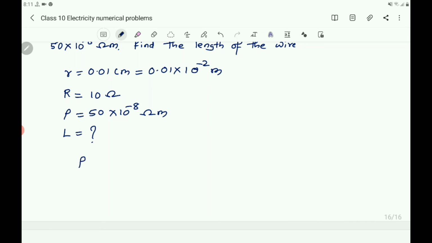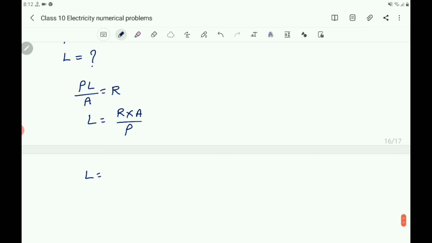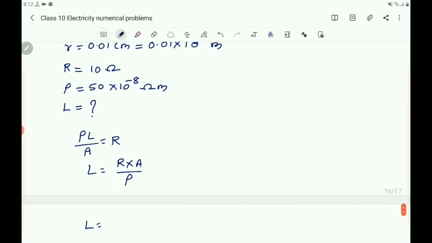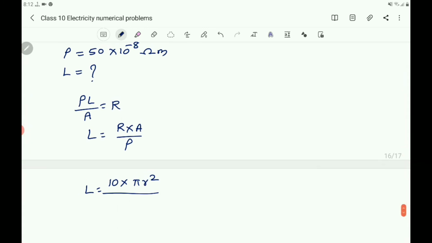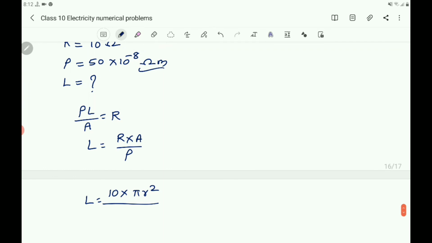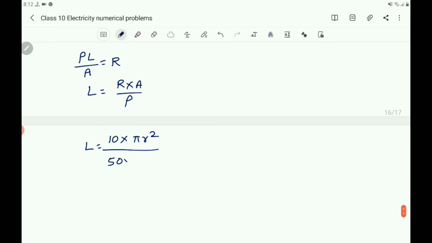So you write rho into L by A equals resistivity, then L equals R into A by resistivity. So L equals, R is the resistance, that is 10, A is pi into R square, that divided by resistivity. Resistivity is 50 into 10 power minus 8.